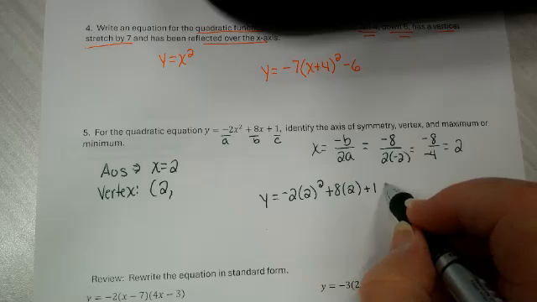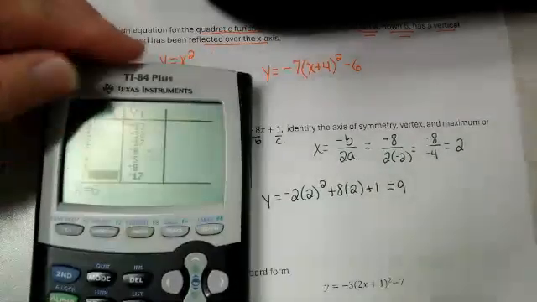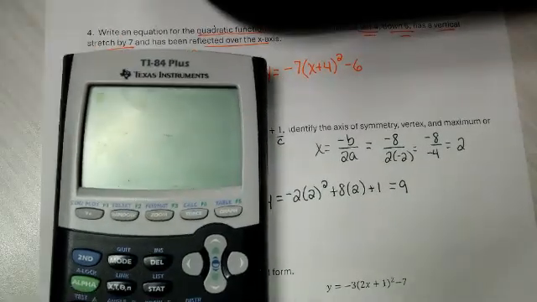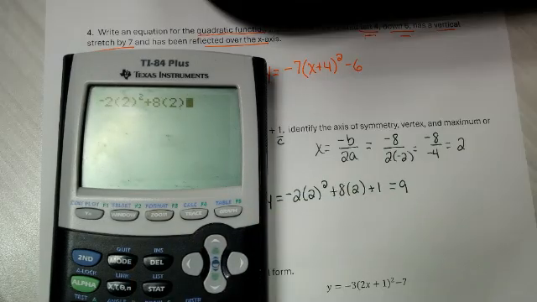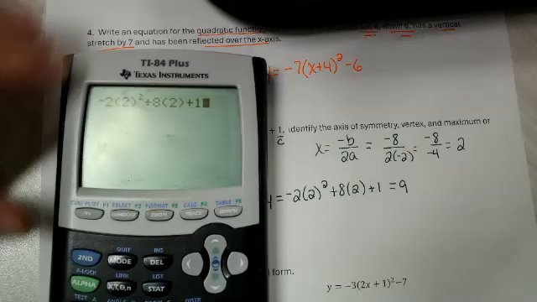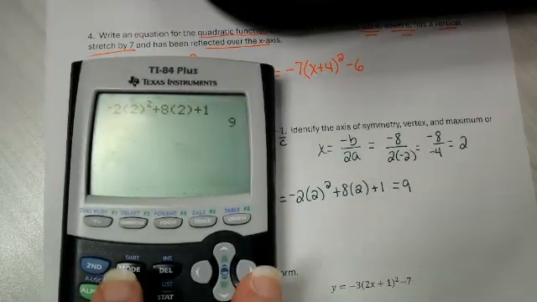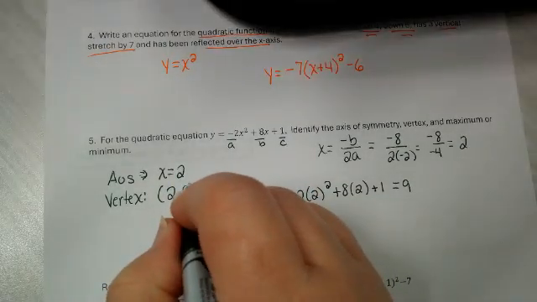Plus 1, I'm going with 9. But that was me doing it in my head. Let's double check and make sure I did that correctly. Because if you don't want to do the mental math, you have a calculator. -2 times 2 squared plus 8 times 2 plus 1. Did I type that correctly? I did. Equals 9.